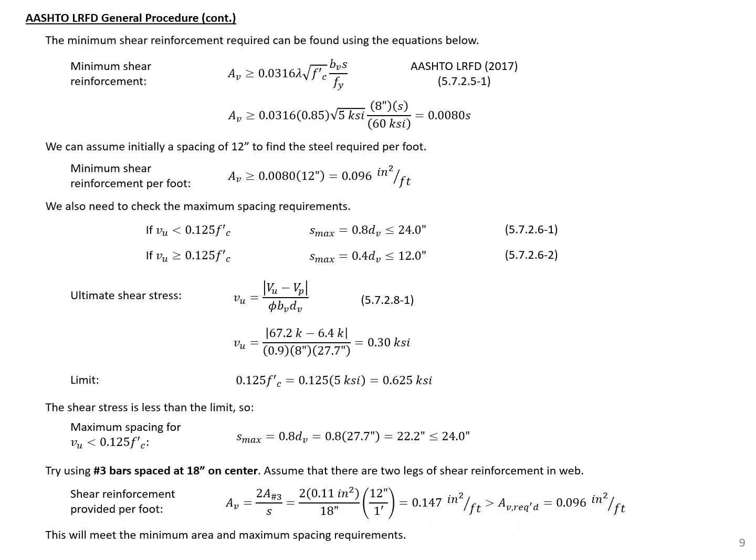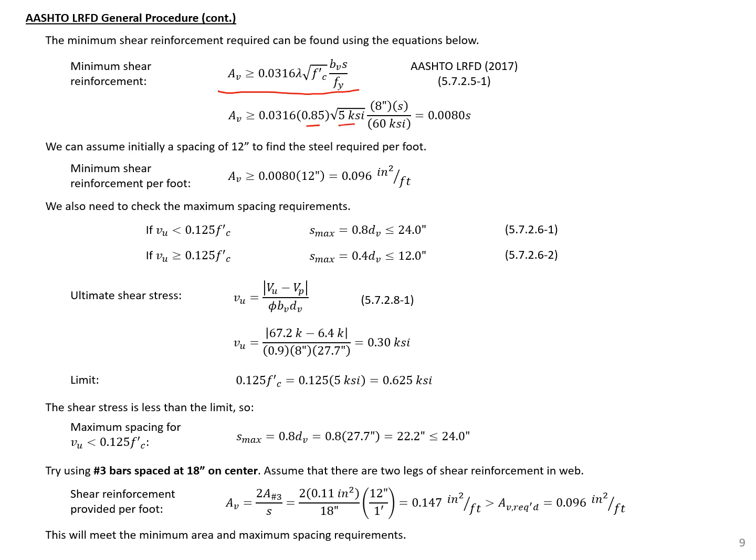On this slide, we're going to find our minimum shear reinforcement, our maximum spacing, and then we're going to detail a bar size and bar spacing to satisfy these requirements. So first, our minimum shear reinforcement is prescribed using the equation that I'm highlighting here from AASHTO. So plugging in our different values, we have a lambda of 0.85, a concrete strength of 5 KSI.